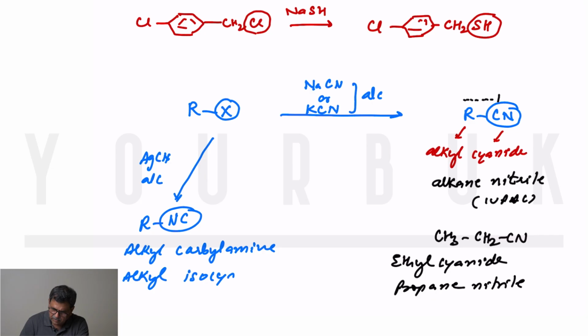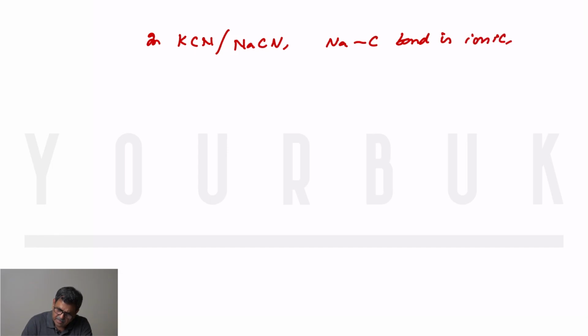Now the question comes, why the difference in the product formed? That one is giving you isocyanide, the other one is giving you cyanide. The reason is very simple. In NaCN, potassium cyanide or sodium cyanide, the sodium carbon bond is ionic. The potassium carbon bond is also ionic. So carbon is negatively charged, is the nucleophilic center.